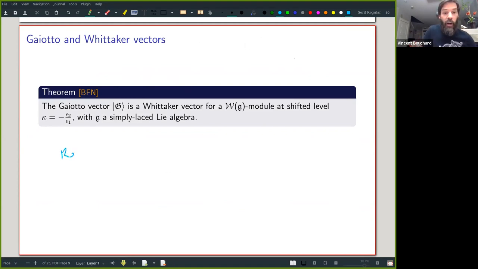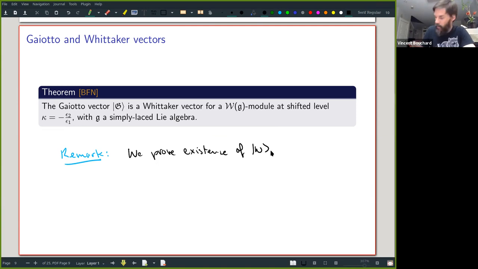Right, so in fact, a remark which is related to that is that in our paper, we also prove a few results just in terms of vertex algebras themselves, so without relating to area structures. And one of them is that we prove existence and in fact uniqueness of this Whittaker vector for all Verma modules M lambda that are simple.